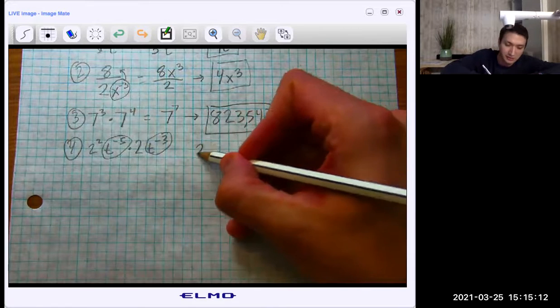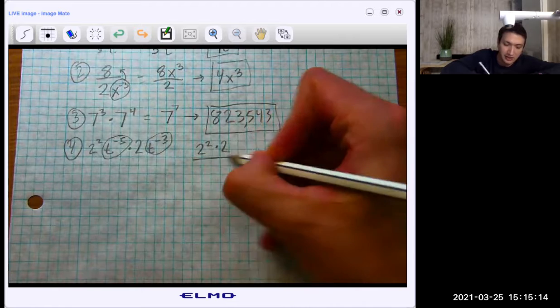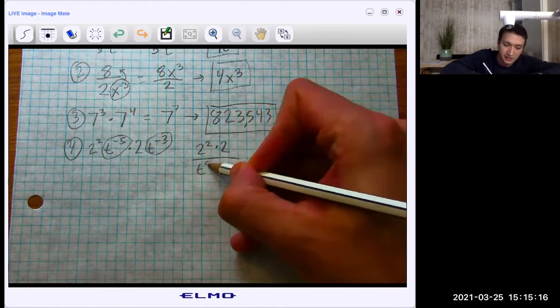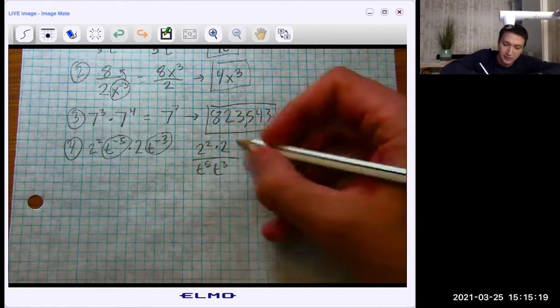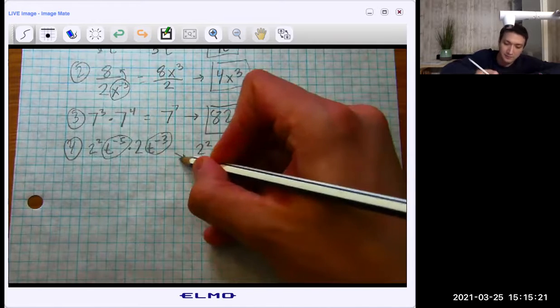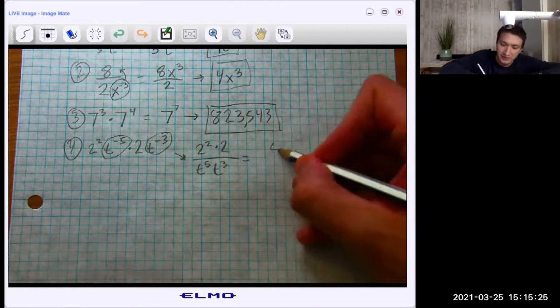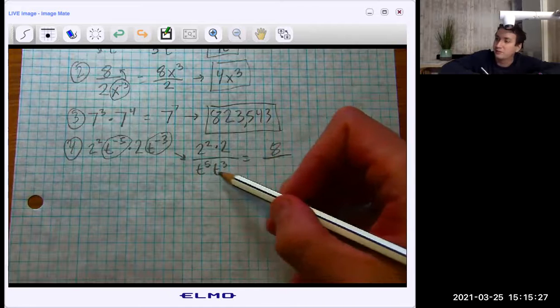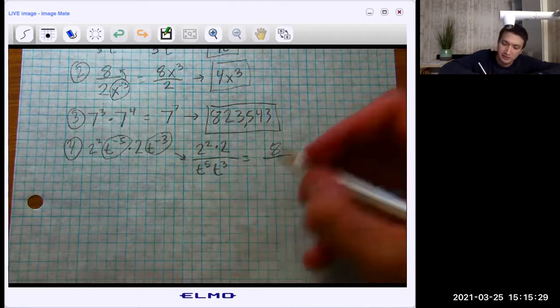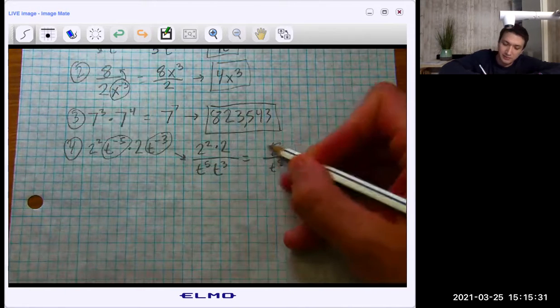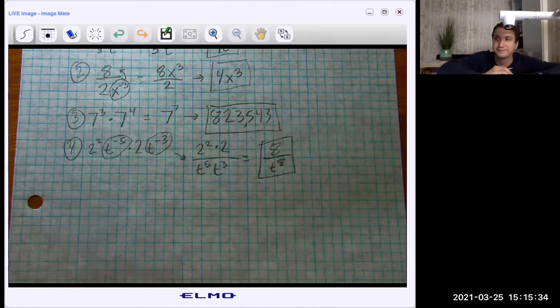On the top, I'm going to have 2 squared times 2. And on the bottom, I'm going to have t to the 5th and t to the 3rd. But now I can simplify those. 2 times 2 is 4, times 2 is 8. And on the bottom, if I wrote this all out, it'd be 5 t's and 3 more. So there's going to be 8 of them. There's my final answer.